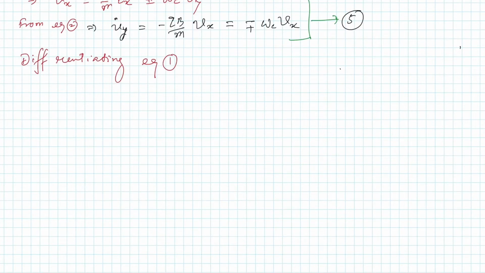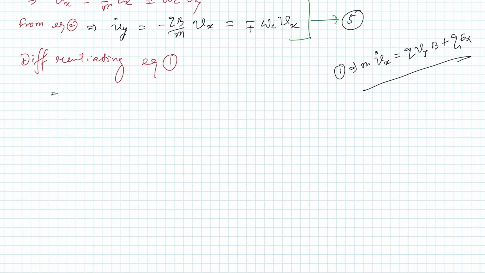What was equation number 1? Equation number 1 was m v x dot is equal to q v y B plus q E x.